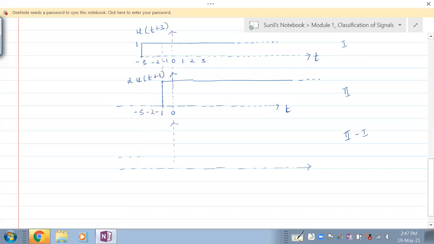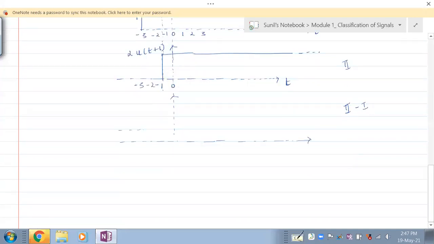From where to where? From minus 3 to minus 1. You have 0 here and you have 1 here. So 0 minus 1 would be minus 1. So that signal we need to take here. So minus 3 to minus 1, it is minus 1.